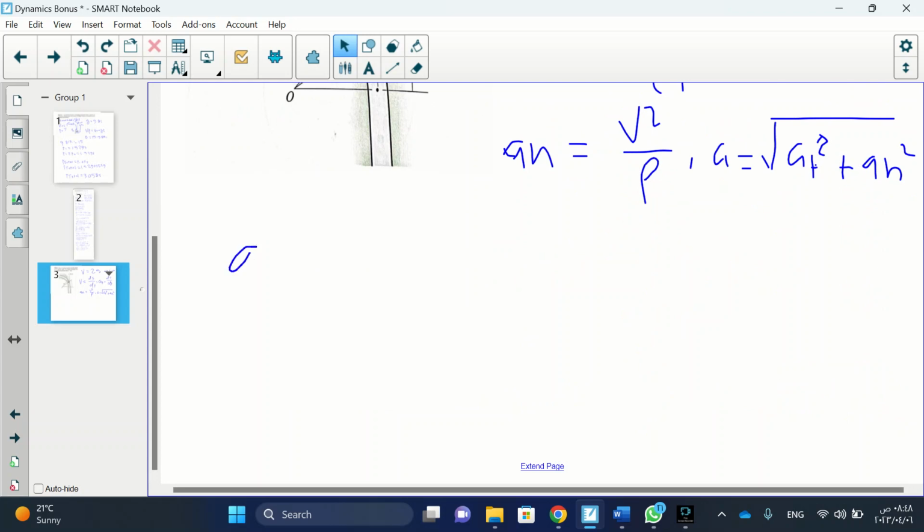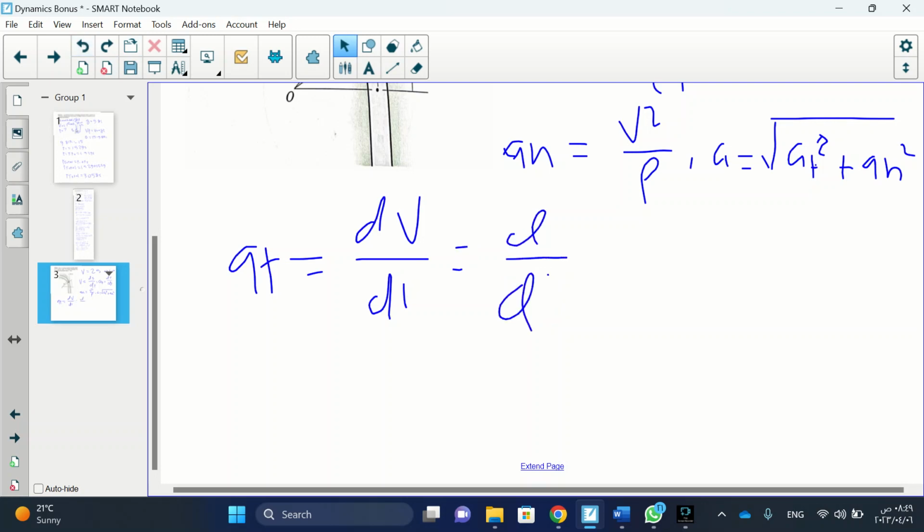So عندنا الـ at, we have at is equal to dv over dt.